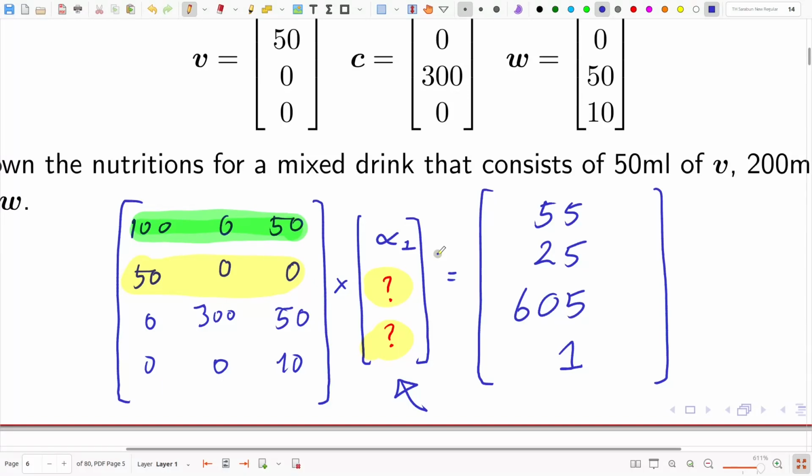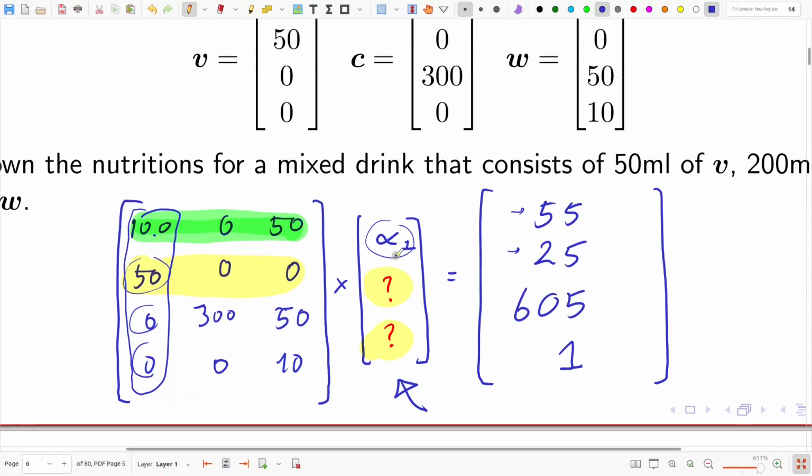The numbers that get multiplied with alpha 1 are those in the leftmost column, the first column. And the result is you multiply alpha 1 with 100 and you add to this number, and you multiply alpha 1 with 50 and you add to that number, and 0 and 0 with alpha 1.